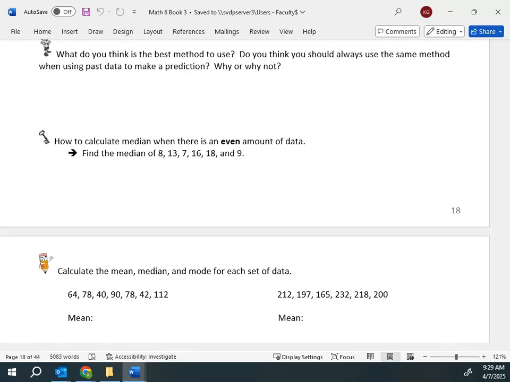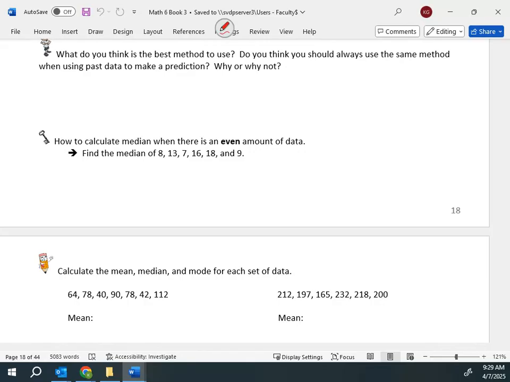Sometimes, though, it really depends on what the question is that's being asked. Because if the question is, what is the score that the team had the most often, the mean's not going to help us with that, right? We need to actually think about what the question is asking.